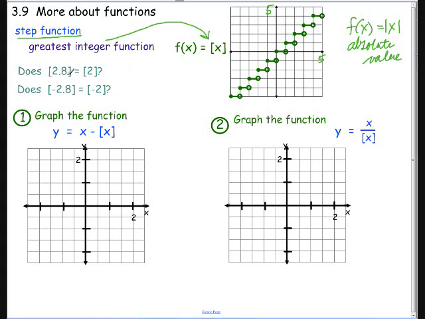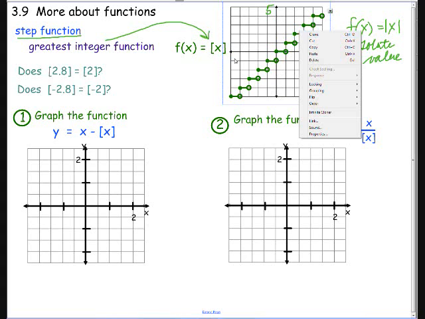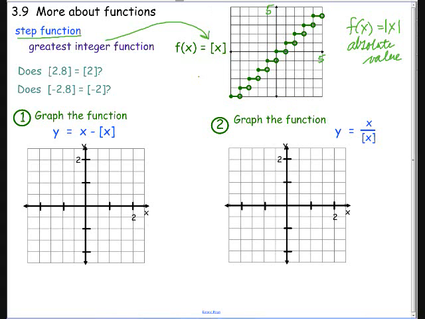Does 2.8 equal 2? Greatest integer of 2.8. So let's find 2.8 here. Here's 1, 2. 2.8 would take us right. Whoop! I better mark it with a different color.